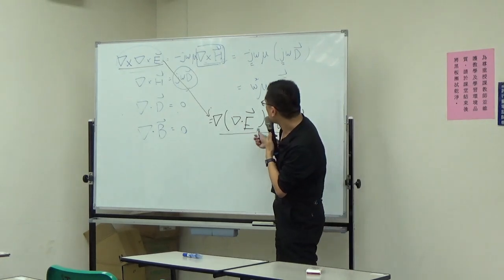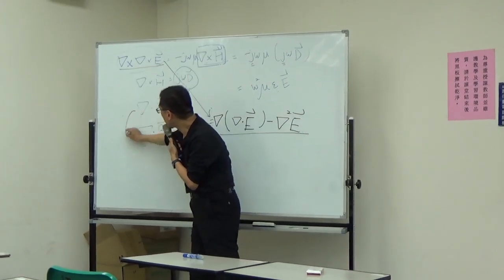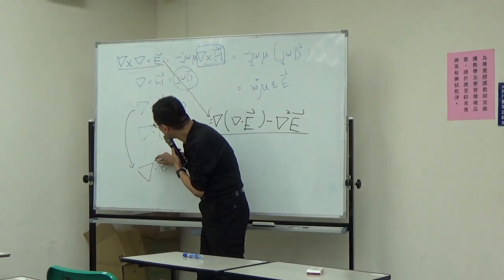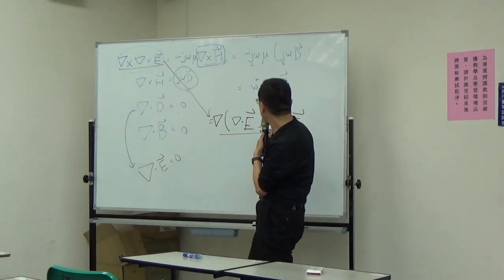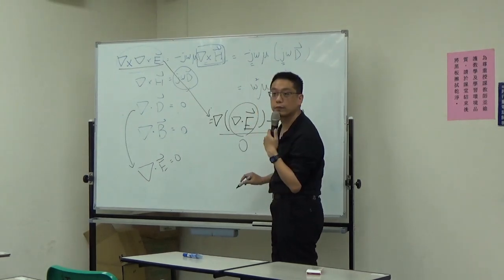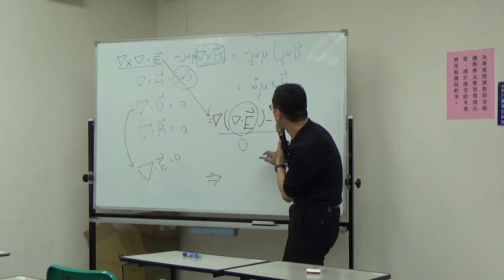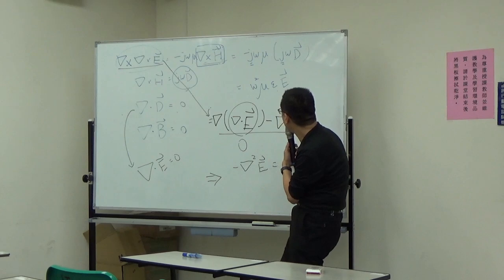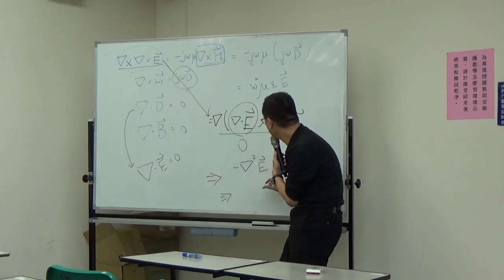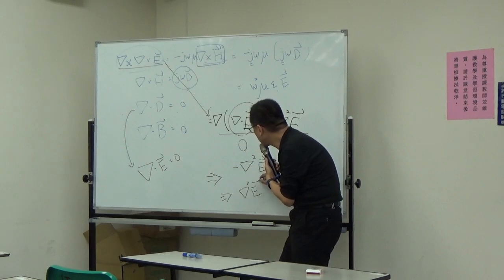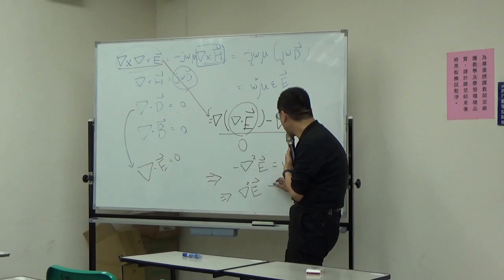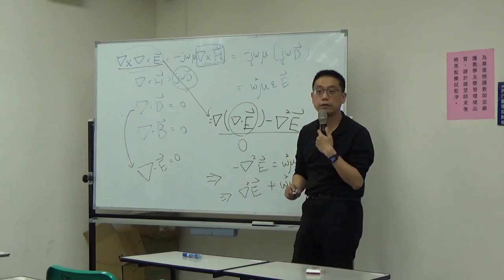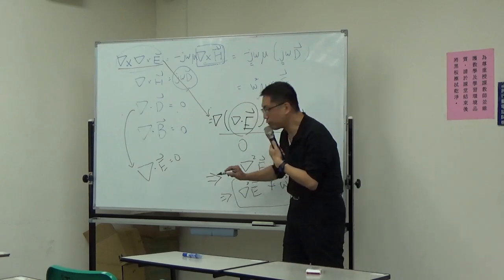Then, because the divergence of E equals 0, this term is 0. So finally, minus Laplace E equals omega squared mu epsilon E, which means the Laplace of the electric field plus omega squared mu epsilon E equals 0, and this is one of the wave equations.